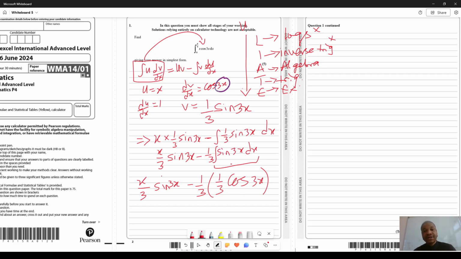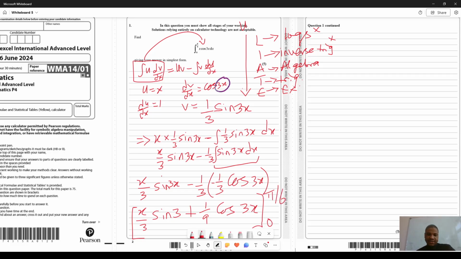But if I integrate sine, I get minus, so this will be minus here. So I'm just giving the final answer now before I substitute: x by 3 sine 3x plus 1 by 9 cos 3x, from 0 to pi by 6.